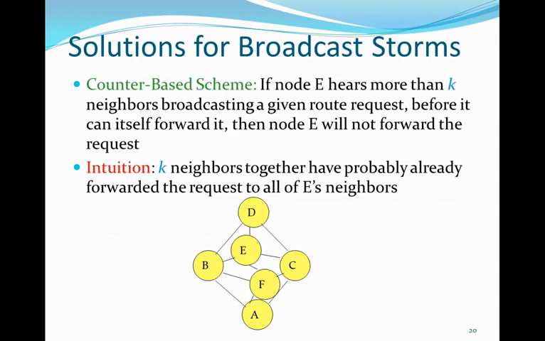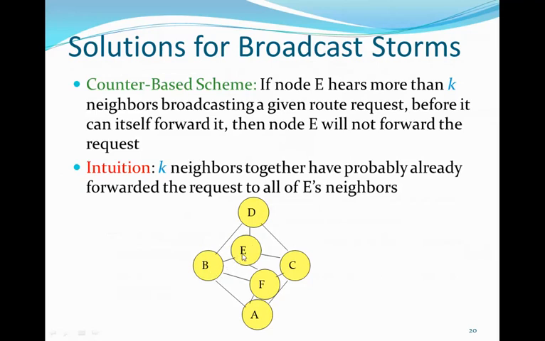Therefore, the intuition here is that k neighbors together have probably already forwarded the request to all of E's neighbors. So if E is receiving some information from F, from B, and C, then it also means that they have forwarded information to node D as well.